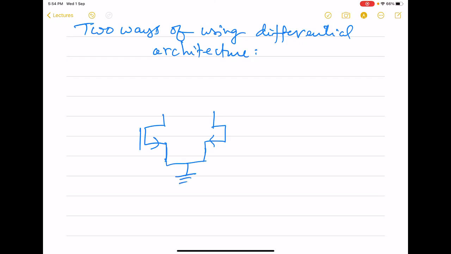Here, the sources of both M1 and M2 are fixed to, in this case, 0 voltage. So this is one way of using it.